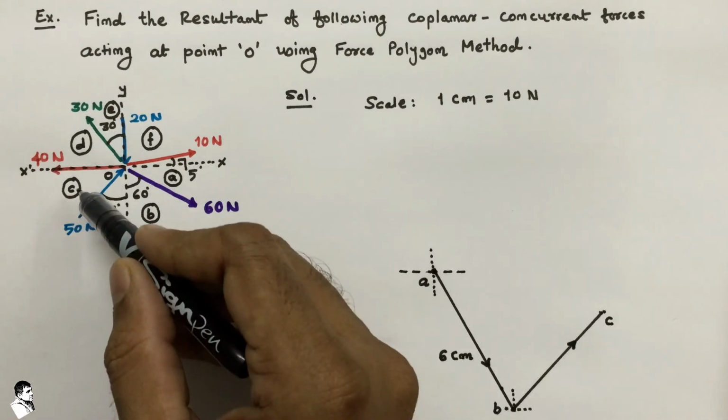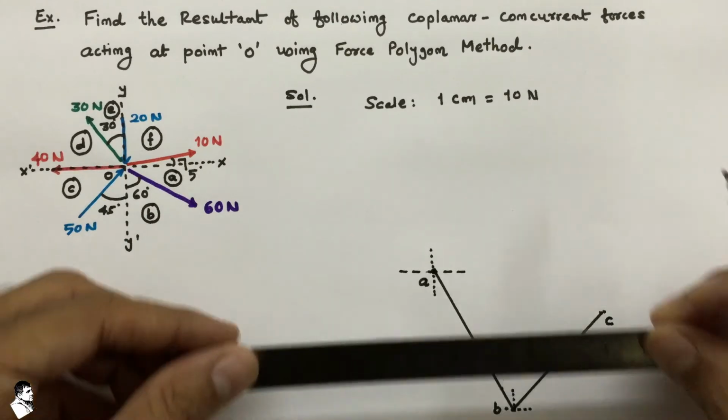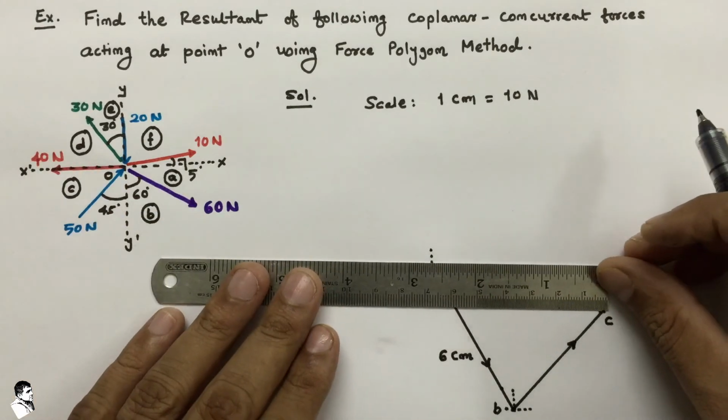Now the third force, from C to D, is 40 Newton, and it is exactly a horizontal line.